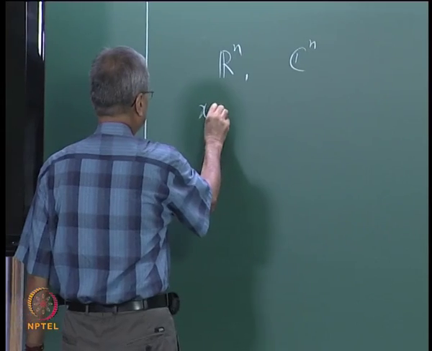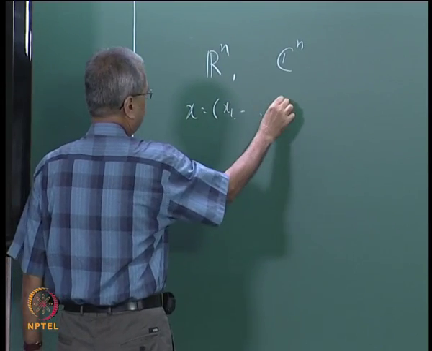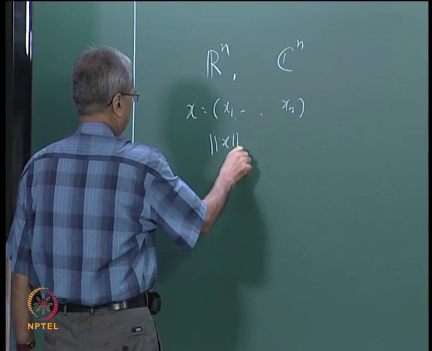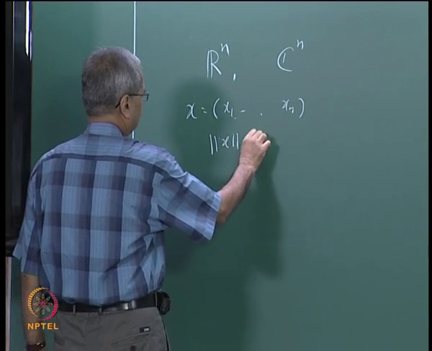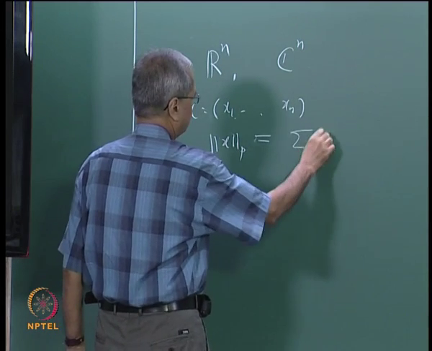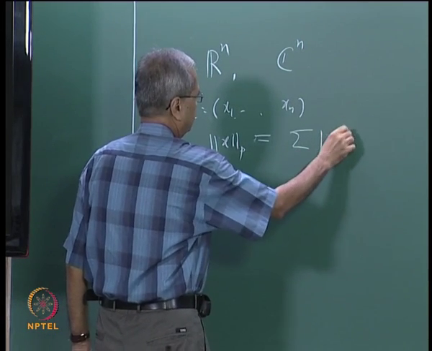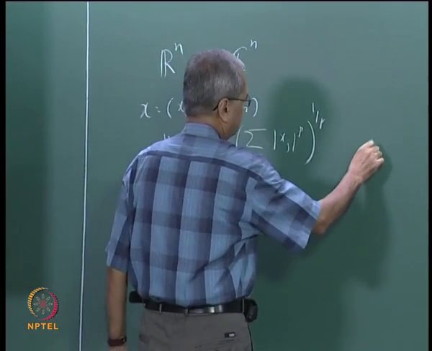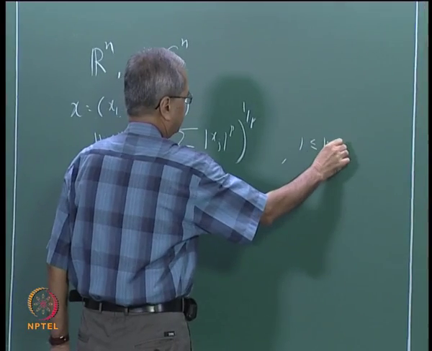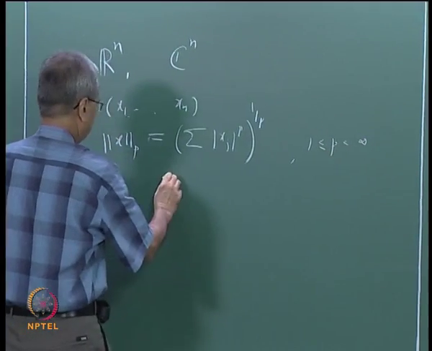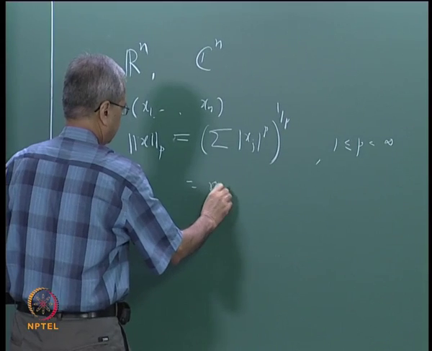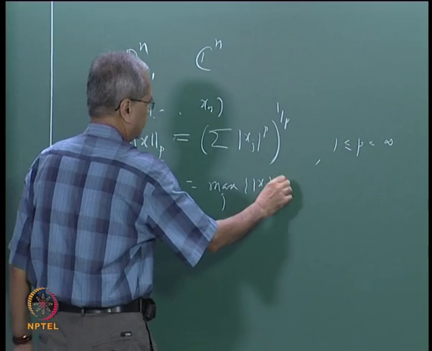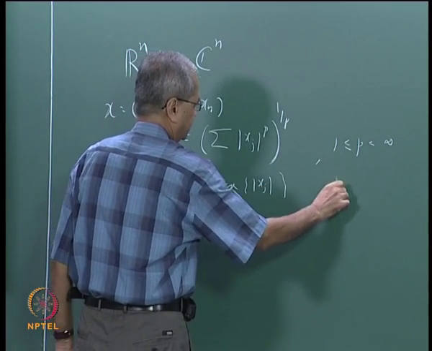Suppose we take x as x1, x2, ..., xn, then we had defined norm suffix p of this by this formula: (sigma |xj|^p) whole thing raised to 1 by p if 1 ≤ p < infinity, and this is maximum over j of |xj| if p is equal to infinity.